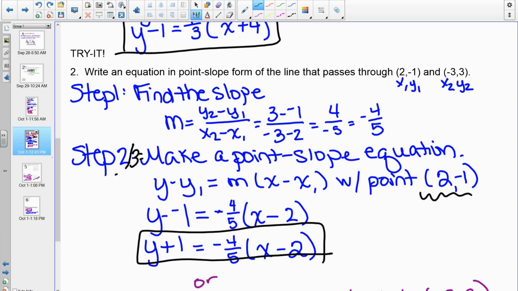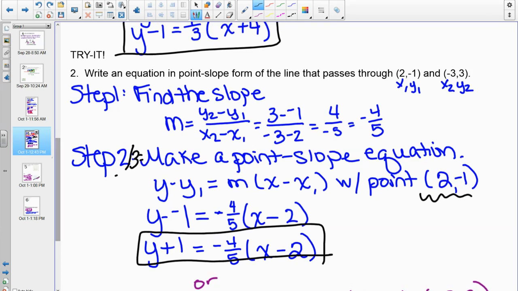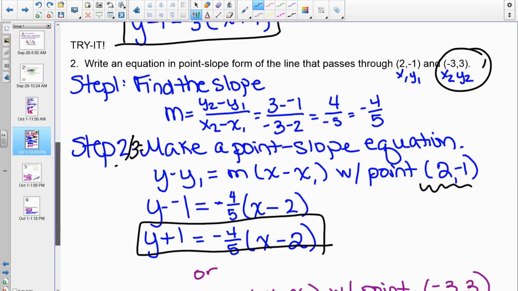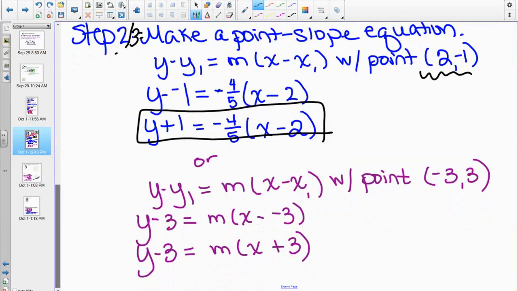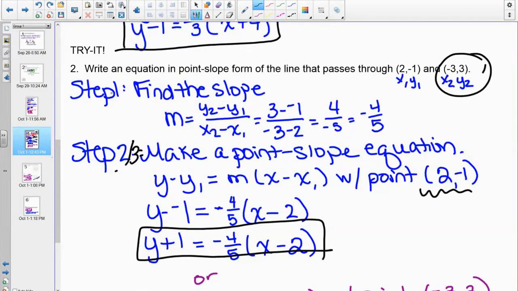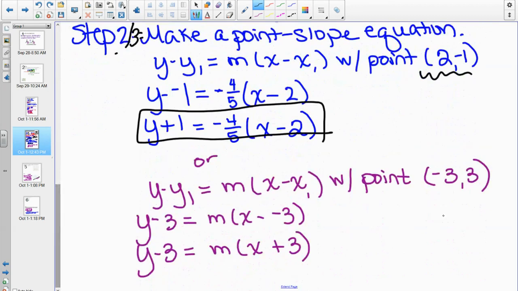So here's one equation. And then I'm going to do it using this other point in case you like the second one better. I don't have to find the slope because it's the same slope as before, so I'm not going to redo step 1. I'm just going to go right into step 2 and 3 here. So this is the point I picked for step 2. Here's my step 3. So I'm just going to plug in what I know here.